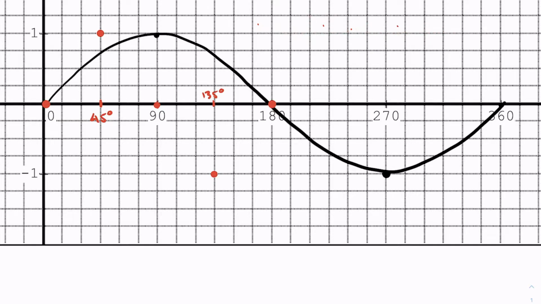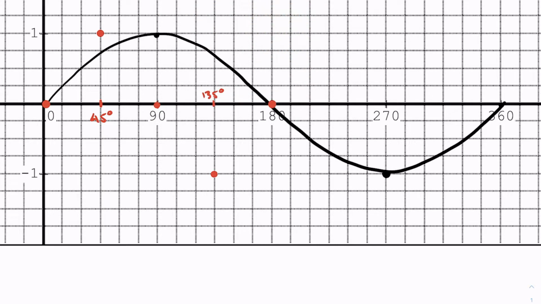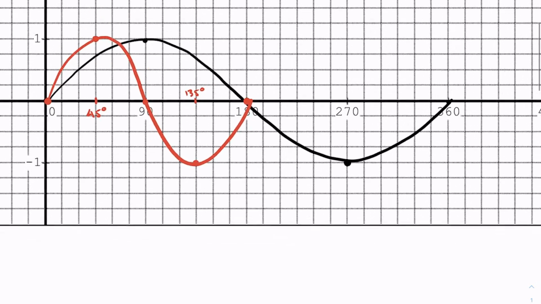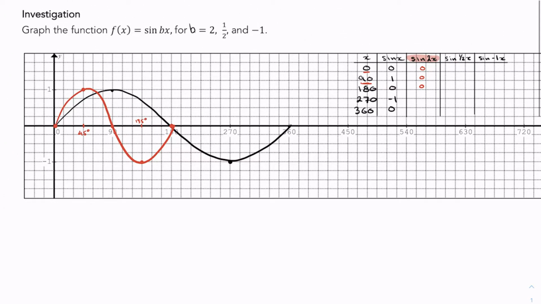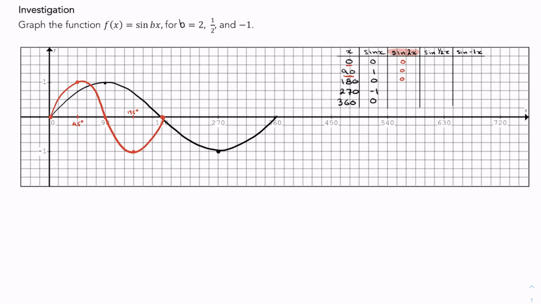Just get rid of this here. So what do we have? Well, if we connect these dots in a nice smooth line that curves, we're going to get something like this. In other words, you're going to notice that you have the same graph as before, except that it's being compressed by a factor of 2.